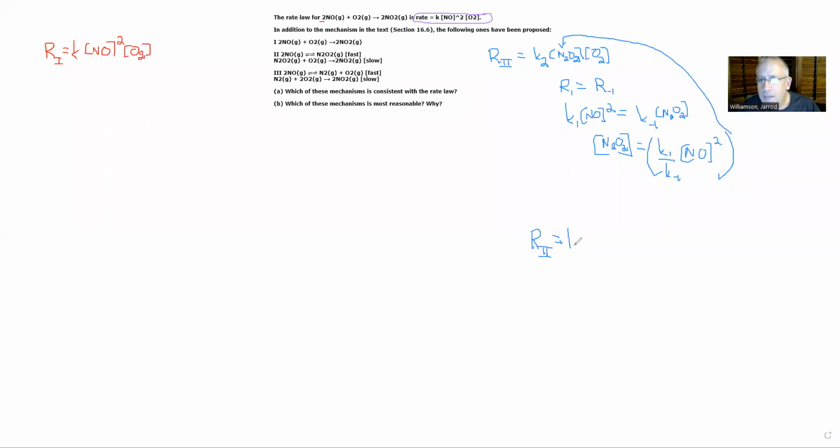It's equal to k2 times k1 over k of the backward step, times [NO] squared and [O2].